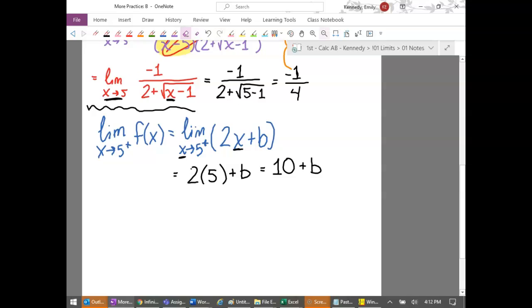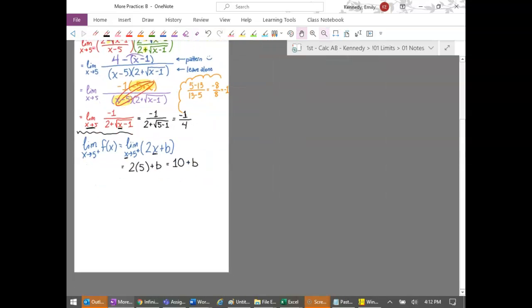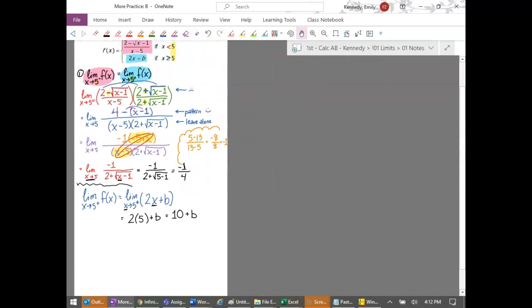So let me go back and recap what we've done so far and why the hard part is over. The limit as x approached 5 from the left, we used the pink rule. We had to do a bunch of work with rationalizing, and we found this. Just to avoid confusion later, I'm going to erase my little example there.